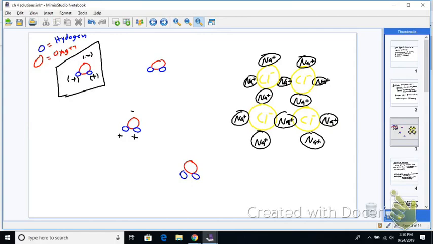Nonpolar would be, for example, this would be a nonpolar molecule, and I'm not going to explain why right now, but if we have carbon bonded to 4 hydrogens, because of the makeup, this would be nonpolar. So I'm not seeing any pluses or minuses that are drawn out.